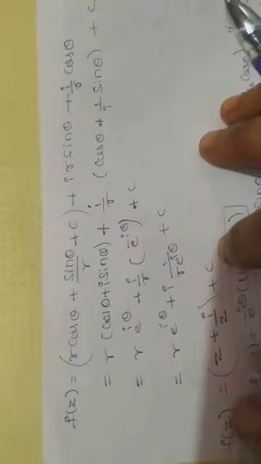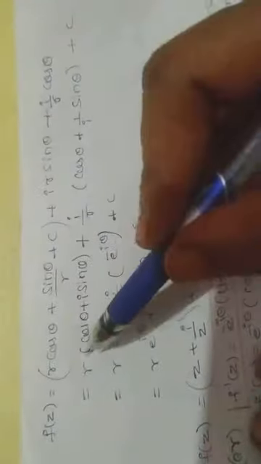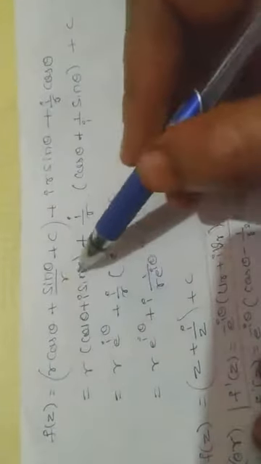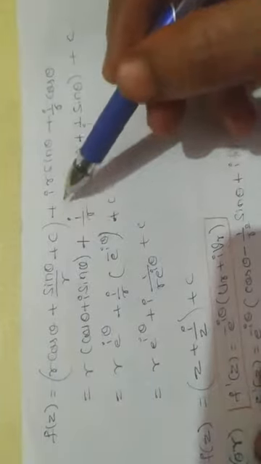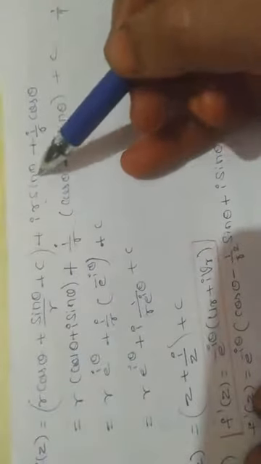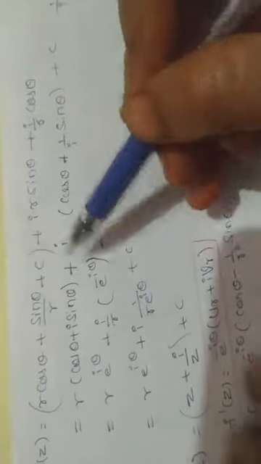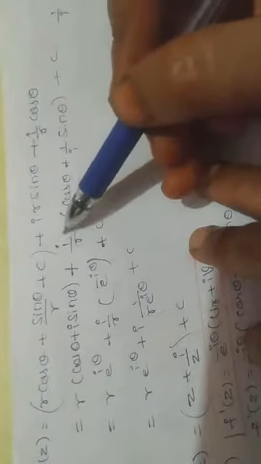After substitution in f of z, both u and v, we can keep this answer in terms of z also. r cos theta plus sin theta by r plus c is u, and this is v. When you get u and v, you can simplify the terms. Here r cos theta, here i r sin theta. If you take r common, then cos theta plus i sin theta, plus i by r.